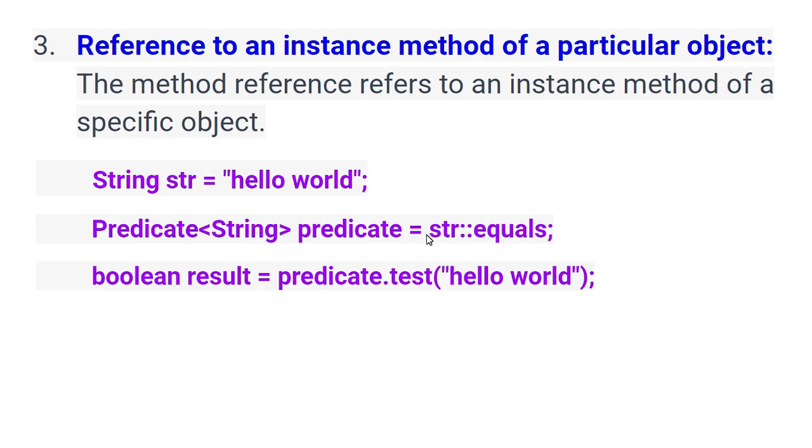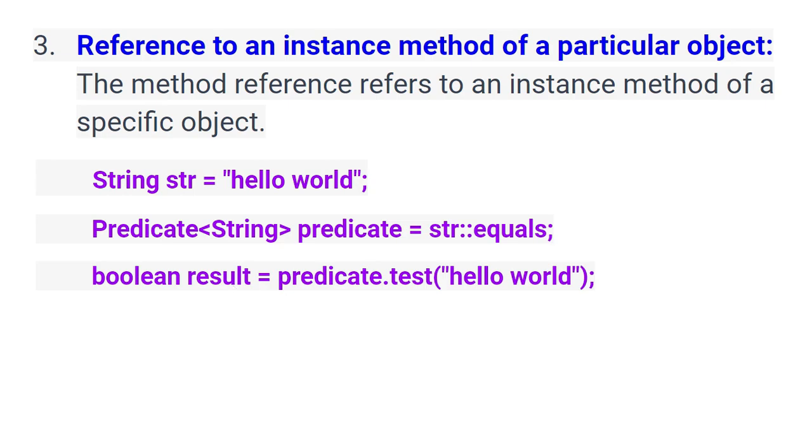Str is a literal object reference, and we have given double colon equals. And we can call the predicate's test method, and pass the hello word, and it will compare it. If this hello word is equal, it will return a boolean, true or false. If you want to practice, you can go and practice it.